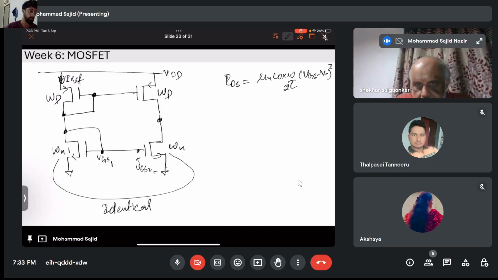So if these two are identical, 1 and 2, that means mu n is same, Cox is same, W by L is same, Vt will be same. So if you want the same current to flow through this transistor, what should be same?